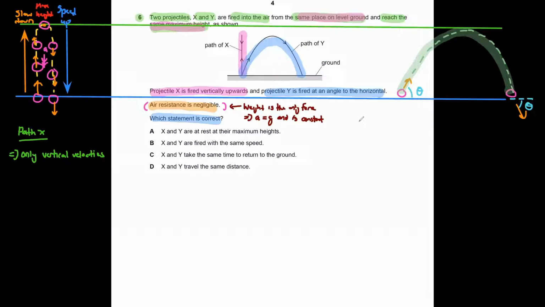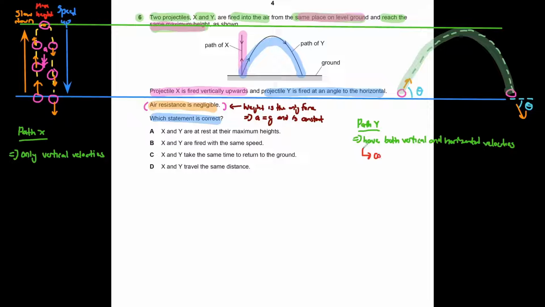So now, when you're talking about path Y, it would have both vertical and horizontal velocities. Now, specifically when air resistance is negligible here, there are two things that you can say.